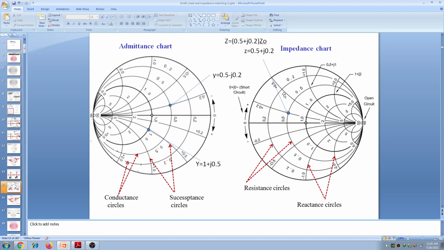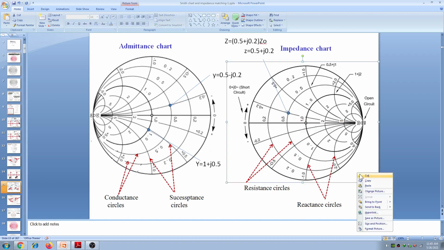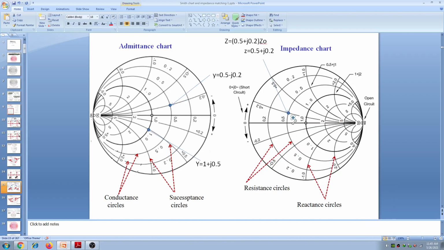Similarly, at any point you can read the impedance. For example, if the point is in between somewhere here, what is the impedance here? See, there is no circle actually passing here, because it is not possible to show all the circles on the Smith chart.